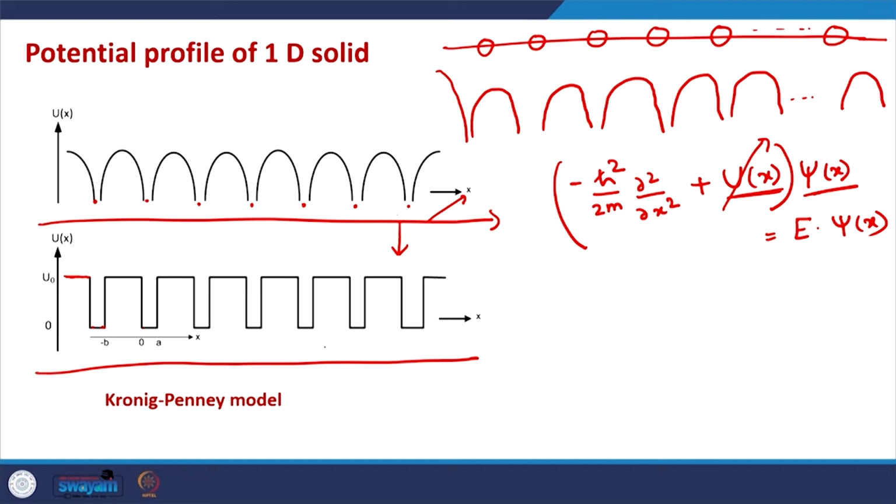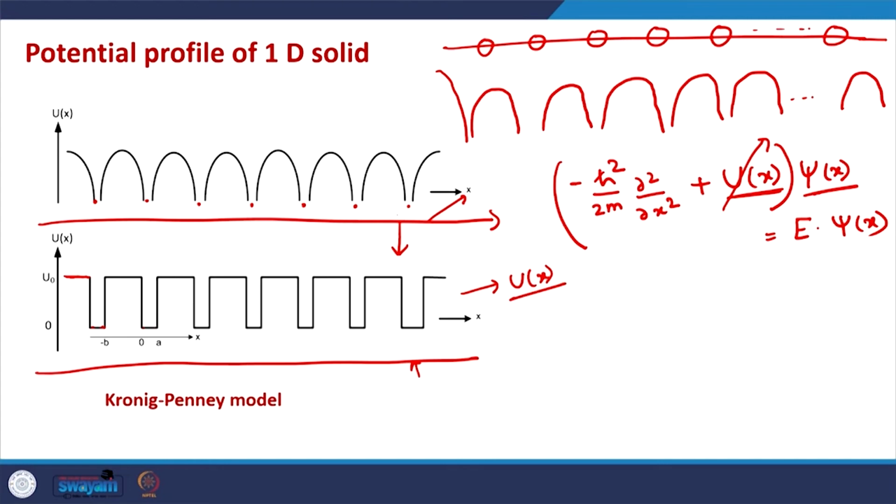So, if we solve the Schrodinger equation for this profile, it will basically capture all the essential characteristics of the electrons. So, that is why we solve the Schrodinger equation for the potential profile taken in the Kronig-Penny model. And it also turns out that the Schrodinger equation can be precisely solved if we take U(x) to be this profile, with some mathematical techniques.